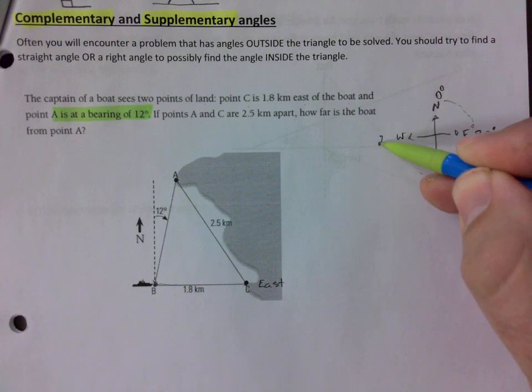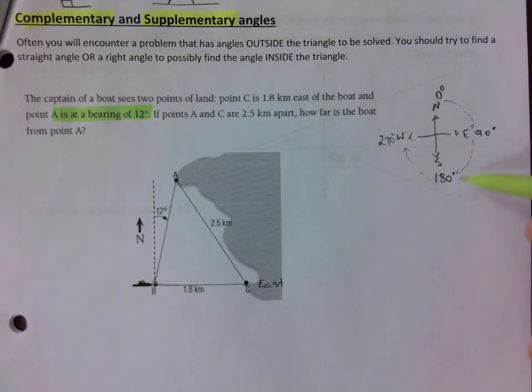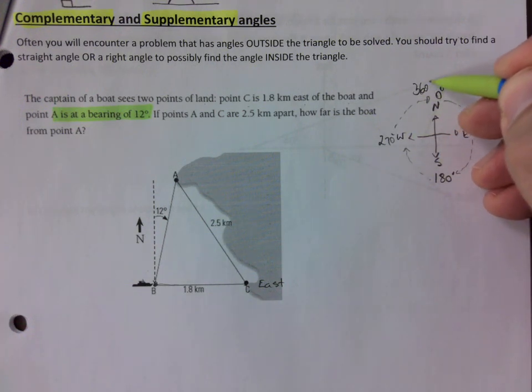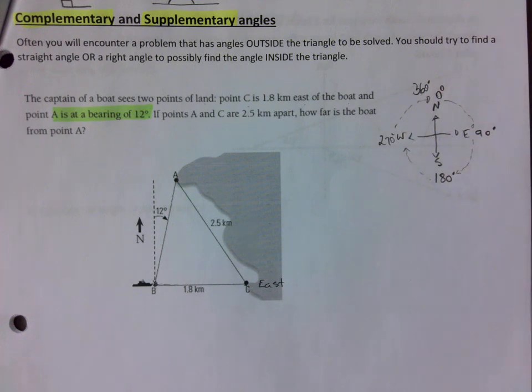So this would be 270. I'm just showing you the 90-degree increments. And when you go back, what do you think it's going to be? A full circle, 360. So 0 and 360 are technically both pointing north. Don't worry about it too much, honestly. It's a bit overkill, but that's what it's saying here.